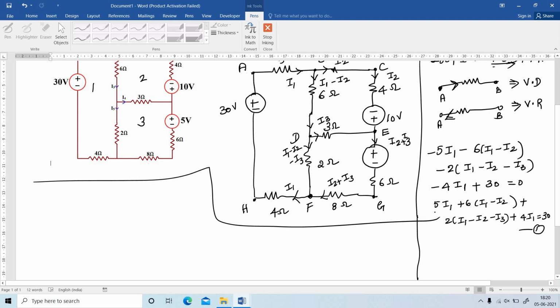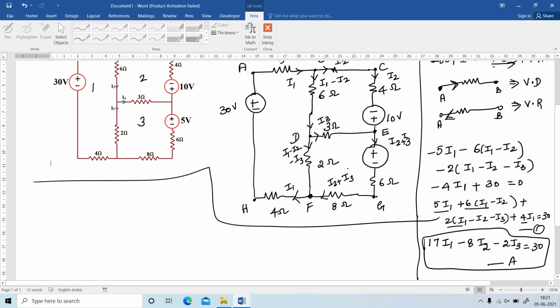Now I am going to reduce this equation: 5I1, 6I1, 2I1 and 4I1, that is 17I1. Next, minus 6I2 minus 2I2, that is minus 8I2, minus 2I3, equal to 30.